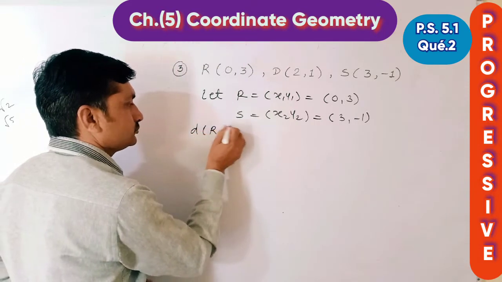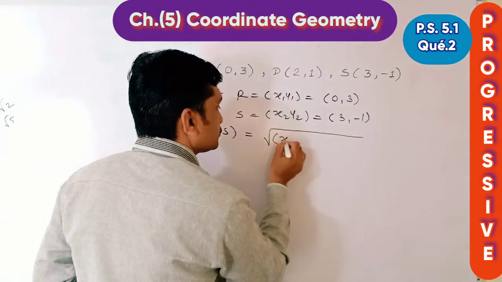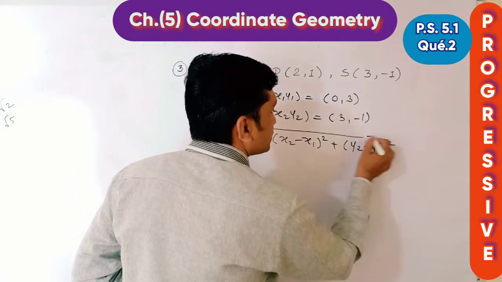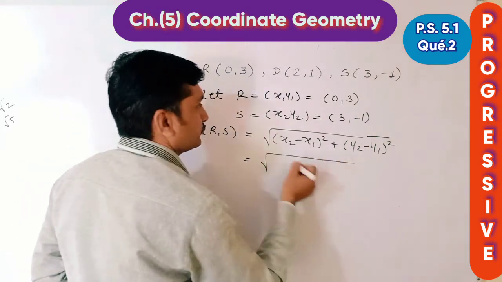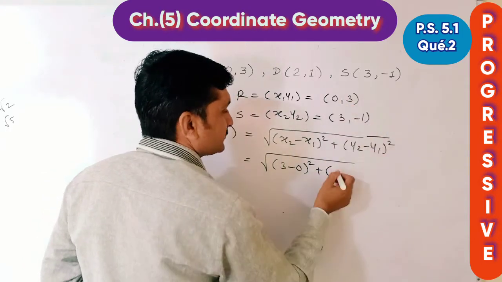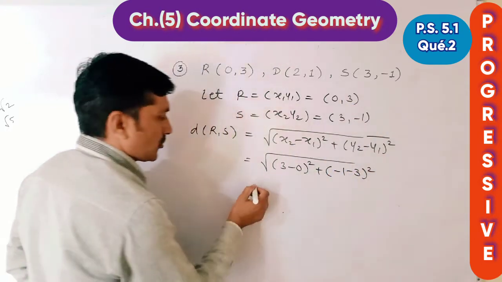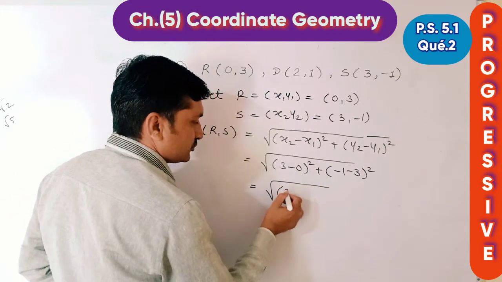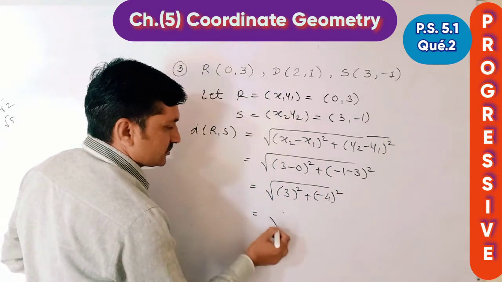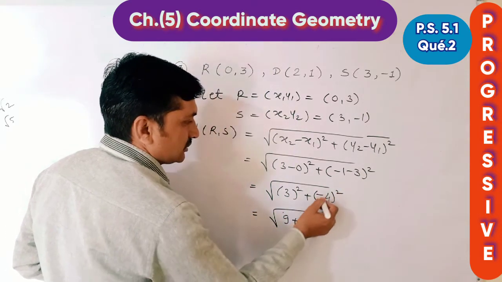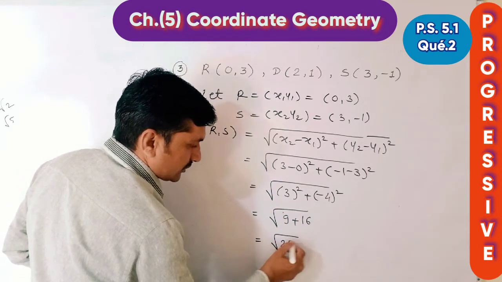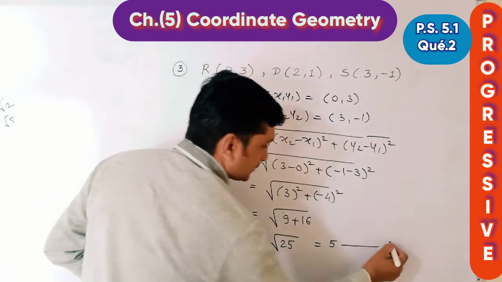Distance RS is equal to square root of (x2 - x1)² + (y2 - y1)², which is square root of (3 - 0)² + (-1 - 3)², that is 3² = 9 plus (-4)² = 16, which is root 25. Root 25 is 5. Number 3.